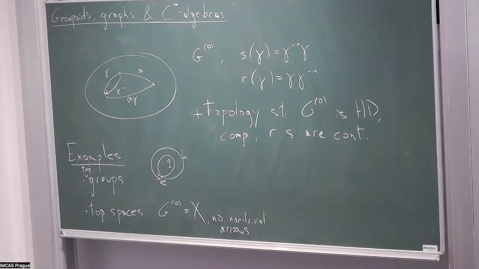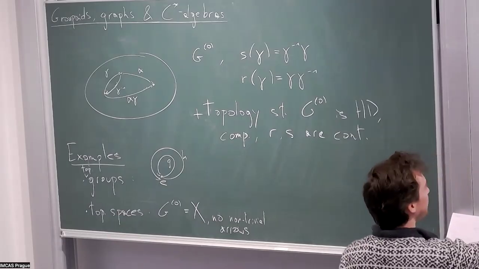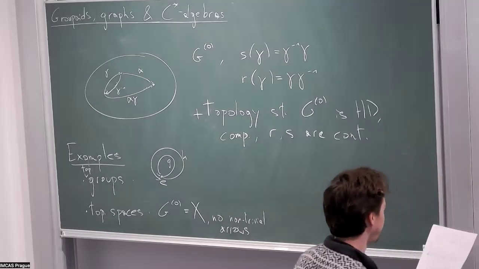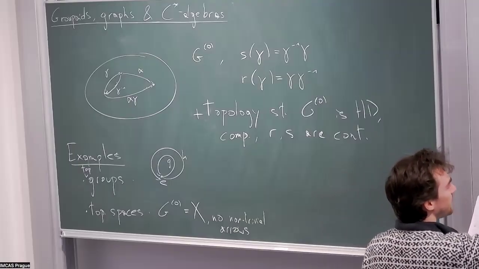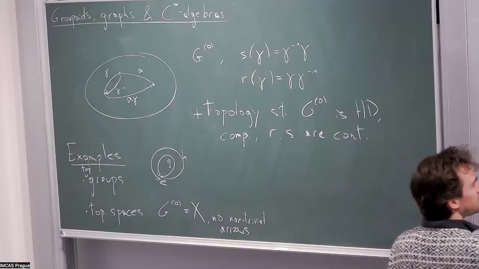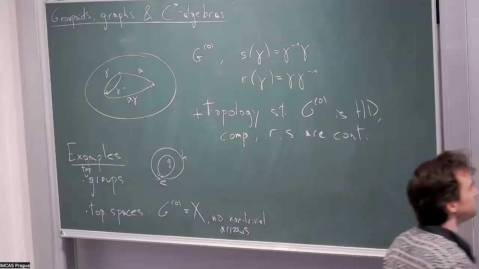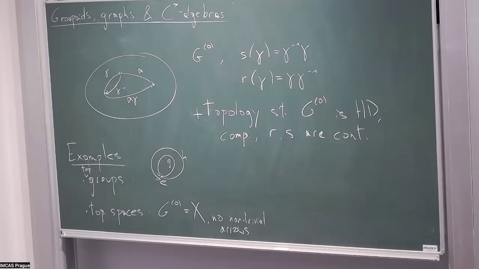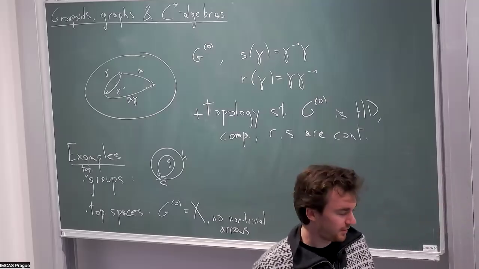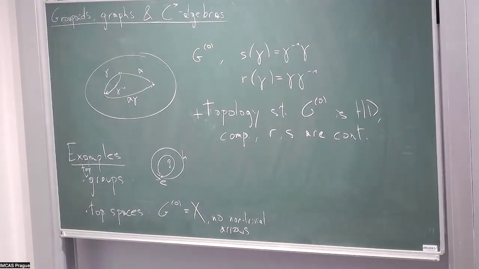All right, then maybe one slightly less, quote unquote, trivial example. So matrix groupoids. Here, we consider the following set.